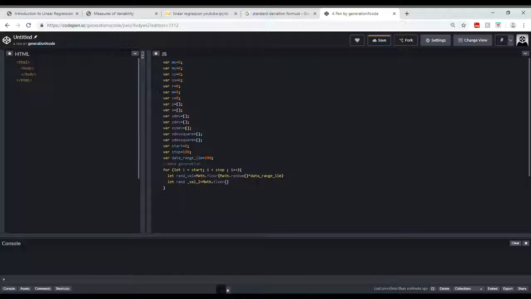Math.floor, math.random, into data, range, lim. So now we figured this out.